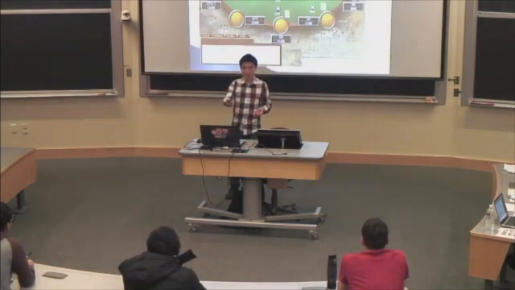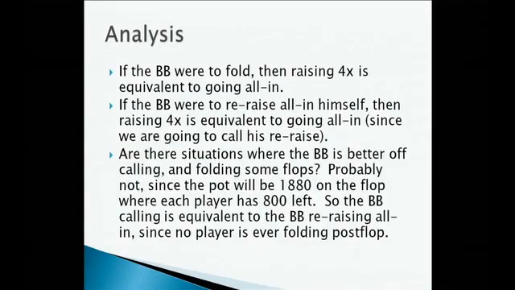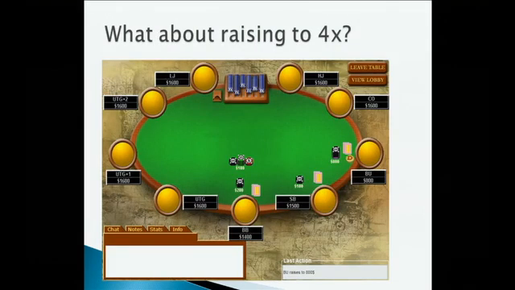Okay, fine. If you want to get around that, you can make it 800. If we make it 800, it's more or less equivalent. If they were going to fold, they're still going to fold. If they were going to re-raise, we're still going to call. It's mostly equivalent. In this exact situation, raising to 800 is pretty much the same as making it 1,600.